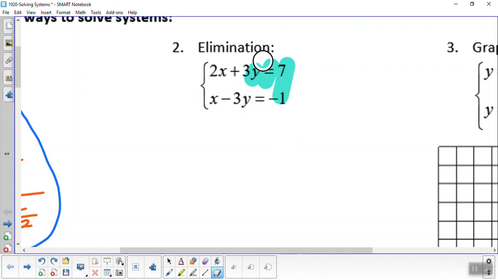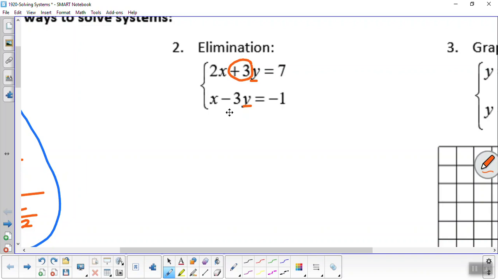I am able to use the elimination method here because I have the same letters but opposite numbers in front. So I have a positive 3 in the front on the top one and a negative 3 in the front on the bottom one. So same letters, same numbers, opposite signs.